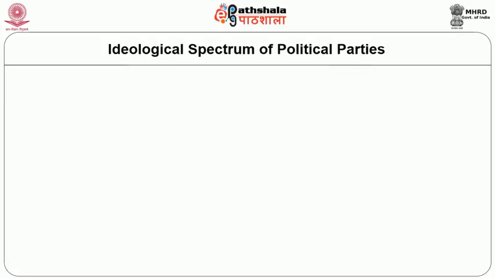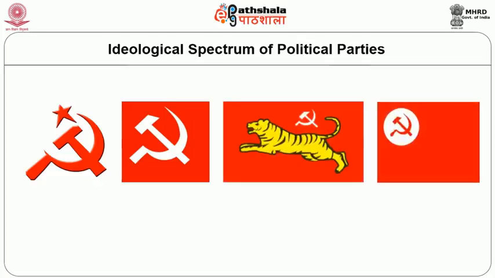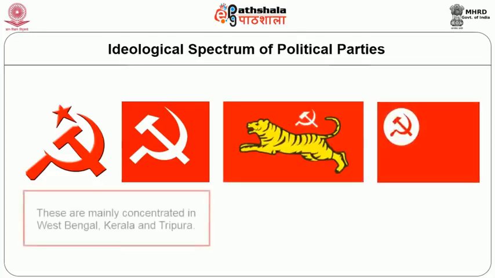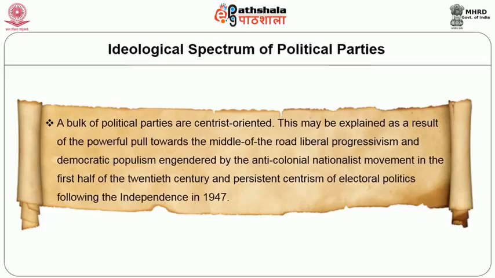Only 4 parties appear as parties of the left wing: CPIM, CPI, Forward Bloc, and Revolutionary Socialist Party, that is RSP. The first 2 of these are mainly concentrated in West Bengal, Kerala and Tripura, and the last 2 in West Bengal only. A bulk of political parties are centrist oriented.